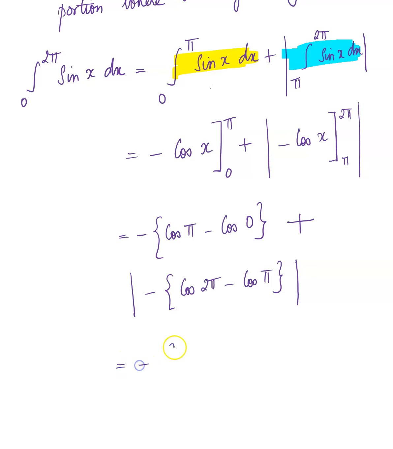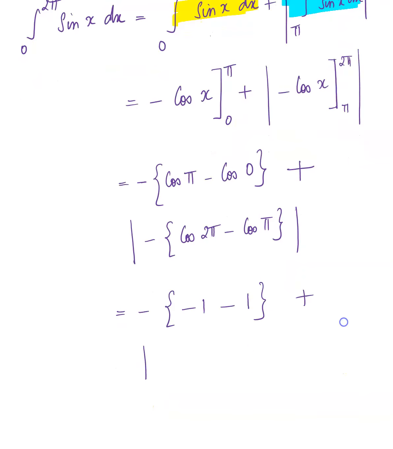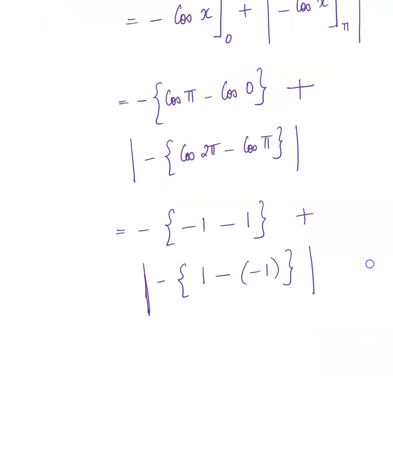So we have negative cosine pi is negative 1 minus cosine 0 is 1 plus absolute value of negative cosine 2 pi is 1 minus cosine pi is a negative 1. Be super careful here. This is absolute value bars. When there are double minus, watch out for that.